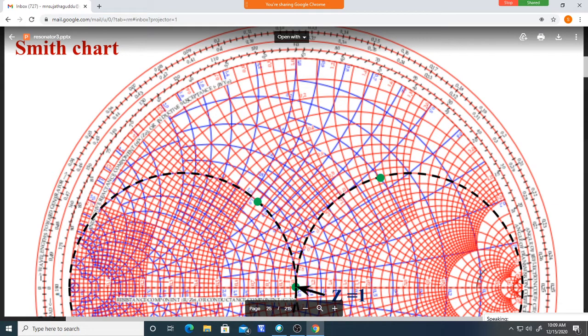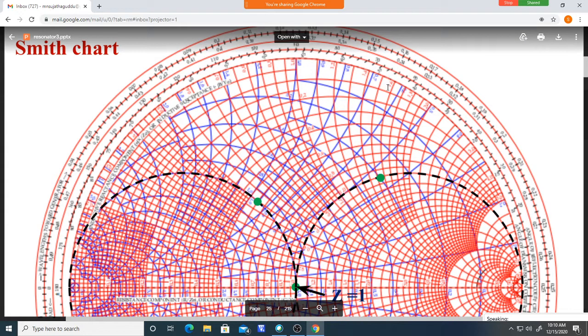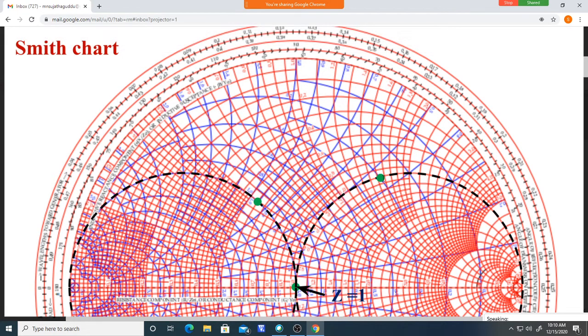So that is in between, that means 1.5. This is 1.5, between 1.4 and 1.6. But it is not exactly passing through the center of this, so you can take it as 1.55, because it is 1.6 here and it may come somewhere here, so that value may be 1.55. Like that you can read.